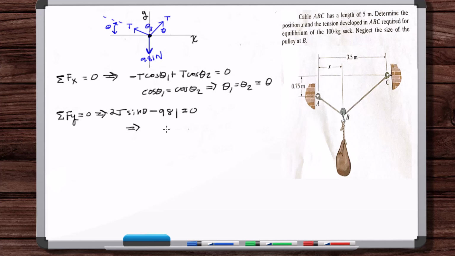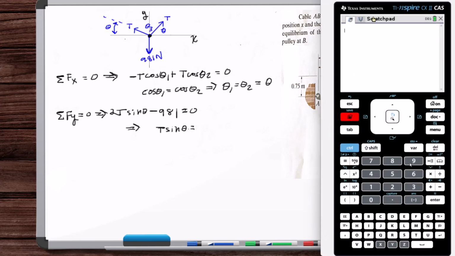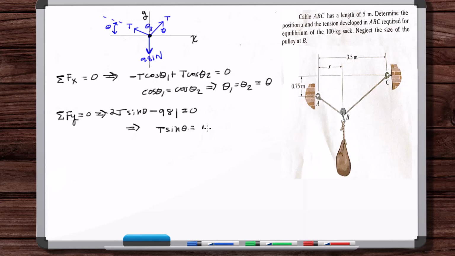So 2T sine theta is equal to 981. So T sine theta is equal to 981 divided by 2, 490.5.